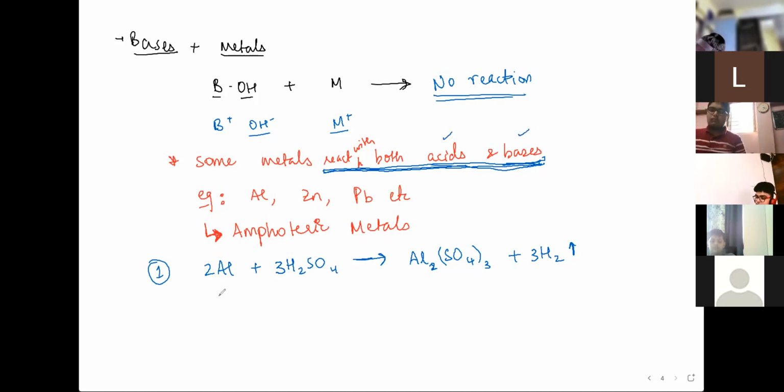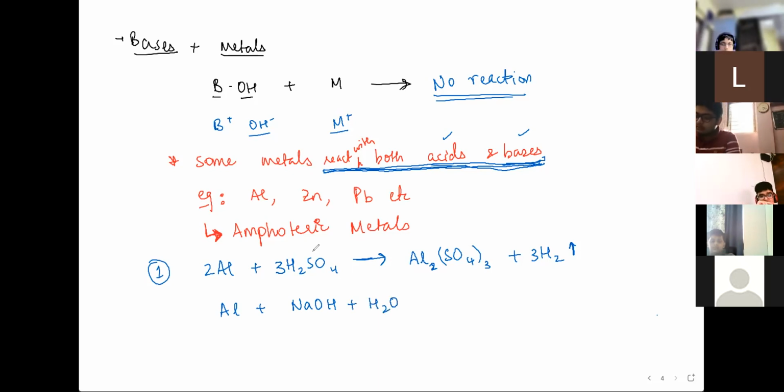Let's look at a reaction with a base. So aluminium plus a really strong base, which is NaOH. What product will it form? Could you repeat your question? Yes. So when aluminium reacts with a base, this is the reaction that takes place.